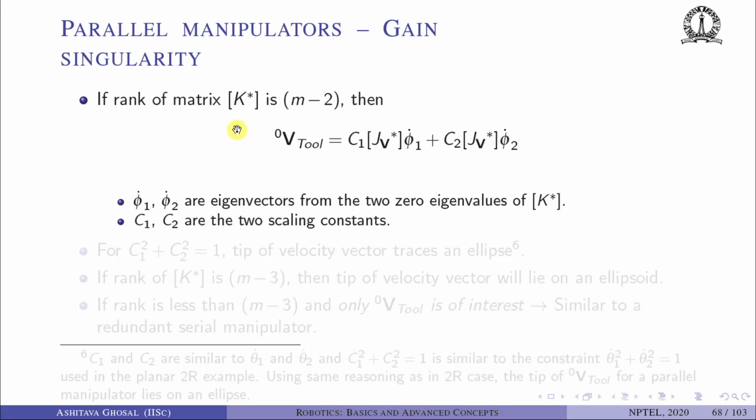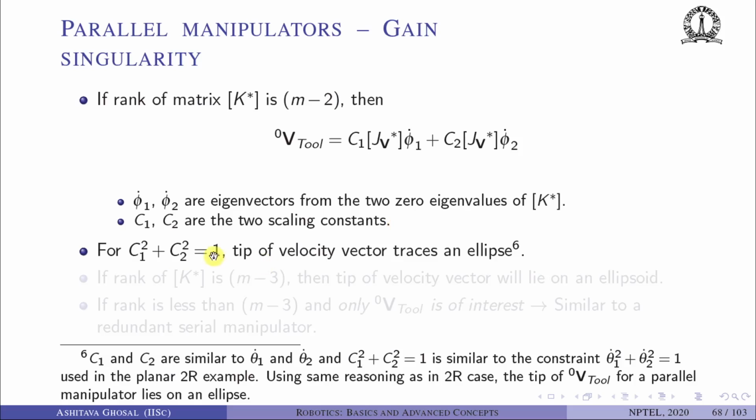If the rank of matrix K is m minus 2, which means it has fallen by 2, then the linear velocity of the tool can be written as some C1 JV star phi1 dot plus C2 JV star phi2 dot. So there are two eigenvectors corresponding to the two zero eigenvalues of K star, and C1 and C2 are two scaling constants.